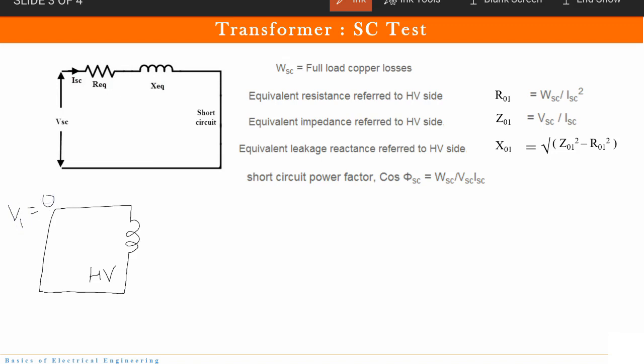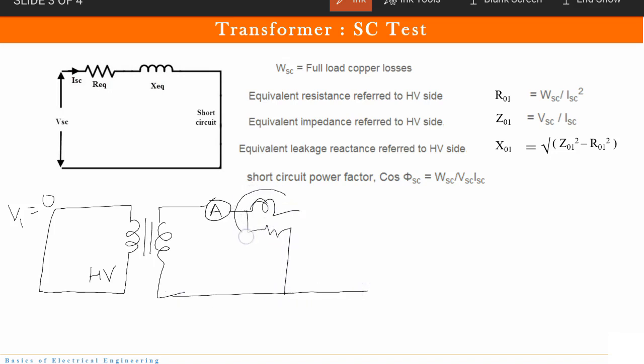Then here I have the ammeter, then I have the wattmeter in order to give me the power. Fine, and then I have the voltmeter, and here I measure the short circuit voltage.